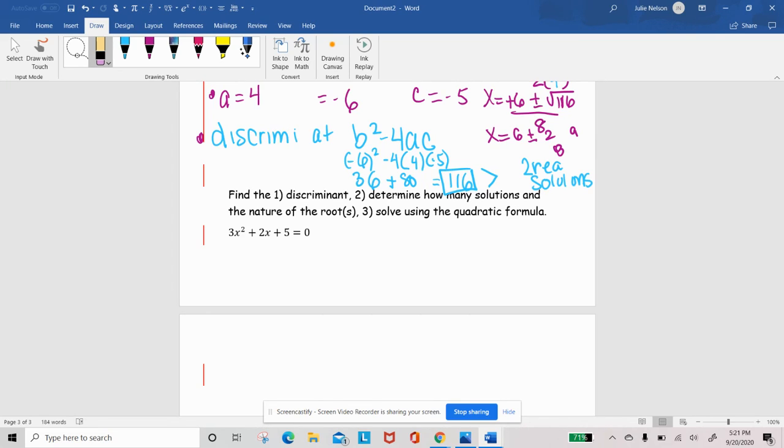The equation already equals 0, so that's good news. So the first thing I want to do is figure out what A equals, what B equals, and what C equals. A is the number in front of x squared, which is 3, B is the number in front of x, which is 2, and C is the number by itself, the constant, which is 5. Then I can proceed to find the discriminant.